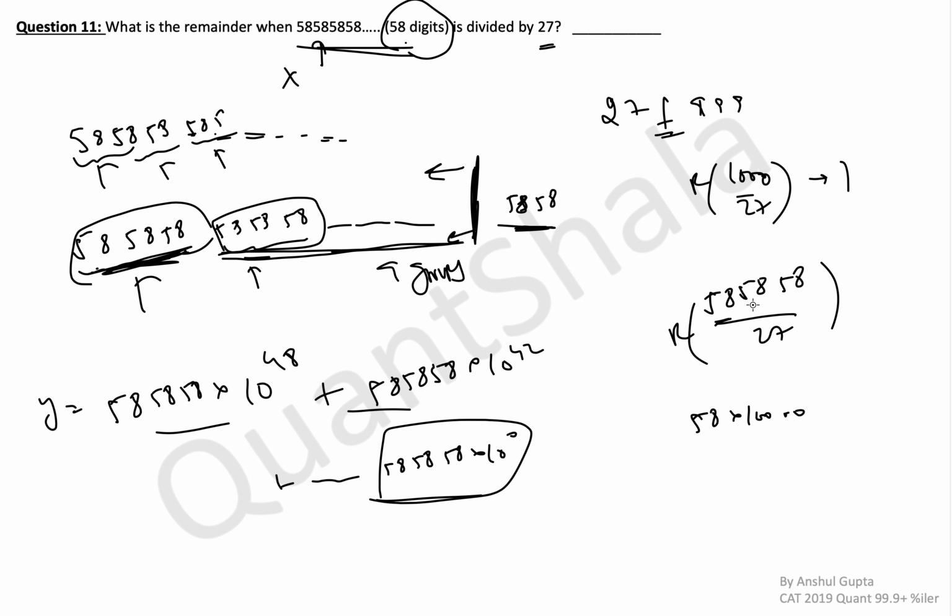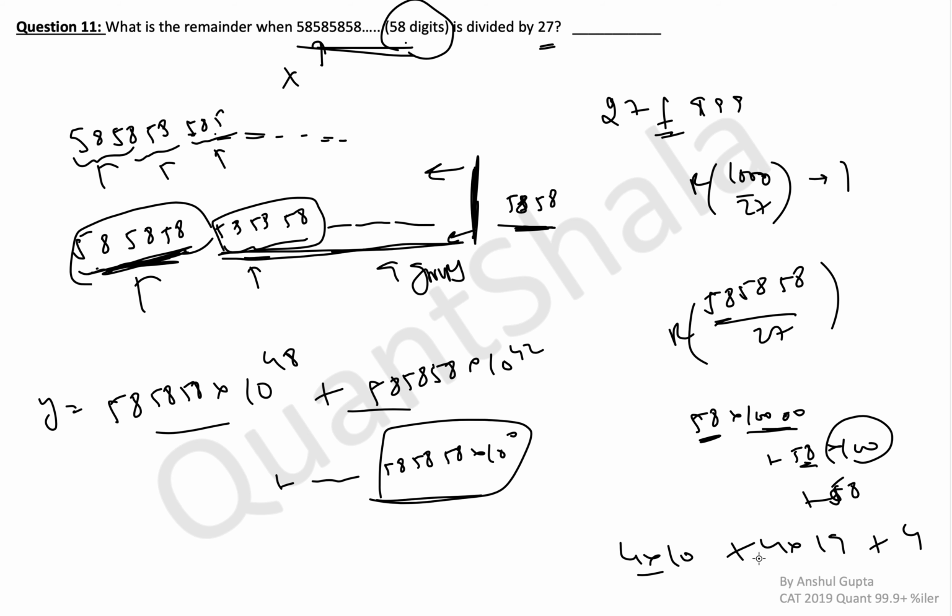So you get 58 into 4 zeros plus 58 into 2 zeros plus 58. What is the remainder of 58 with 27? It's 4, right? So 4 multiplied with 1000, remainder with 27 is 1. So 10,000 will be 10, plus again 4 multiplied by the remainder of 100 with 27, which is 27 into 3 is 81, so 19, and the remainder of 58 is 4.